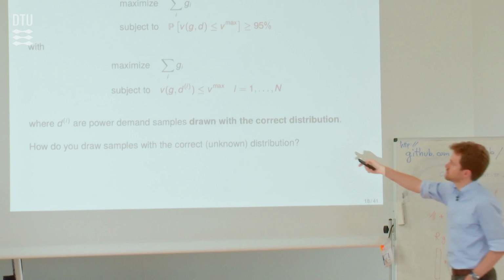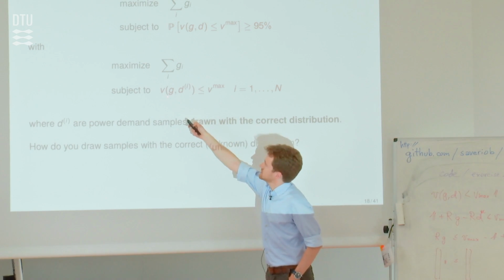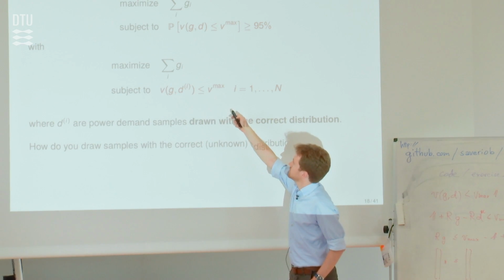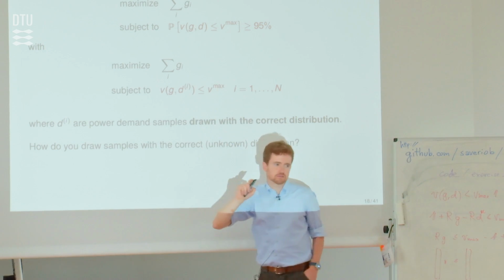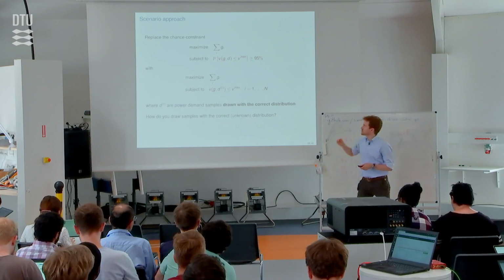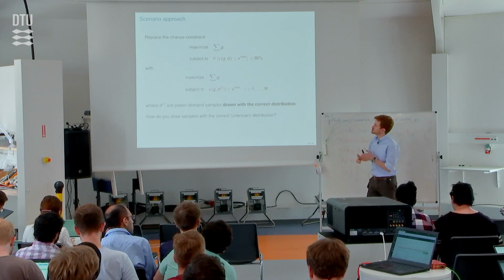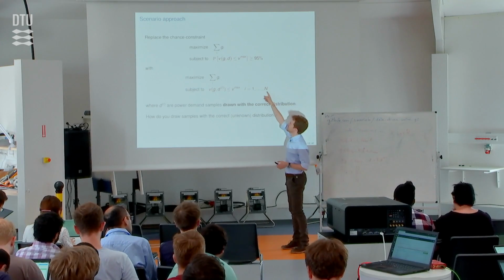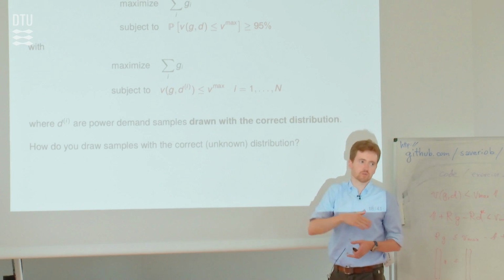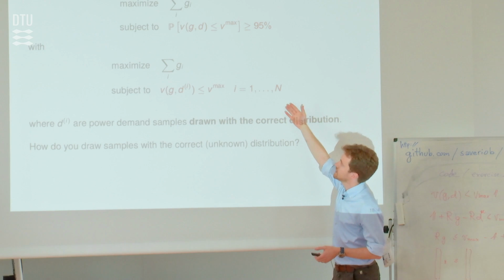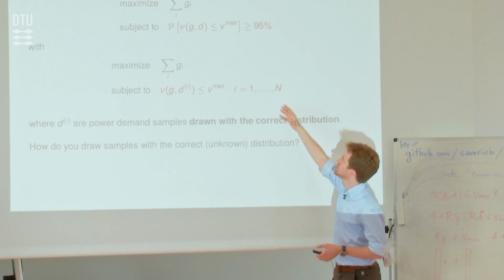Constraints of this form: the voltage needs to be smaller than Vmax for capital N possible demands, okay? The key point where you can do this substitution is that, first of all, you need to know exactly what is this N. So how many do I need here? If N is infinity, then you're back to robust optimization, right? You're saying it needs to be fine for every possible D. But it's actually for a finite number N.